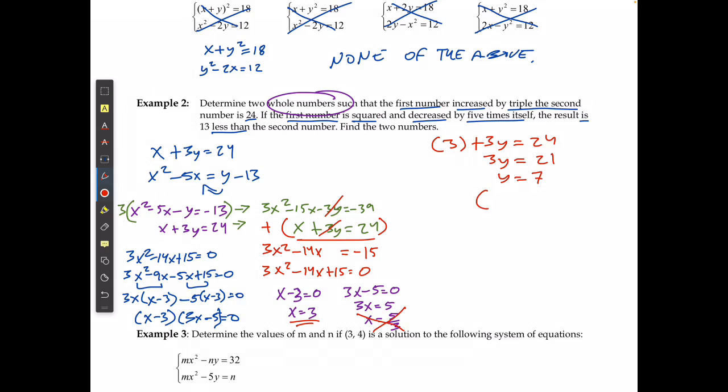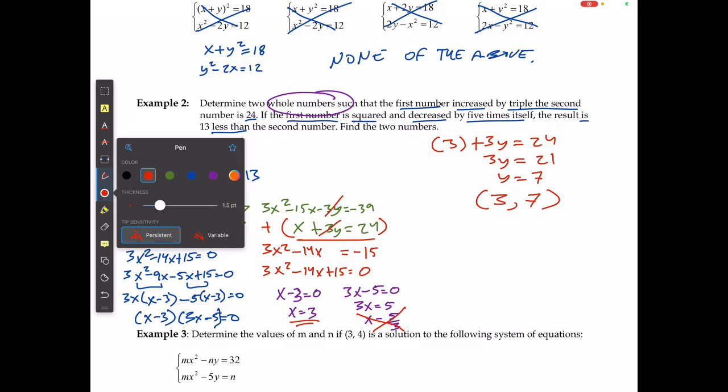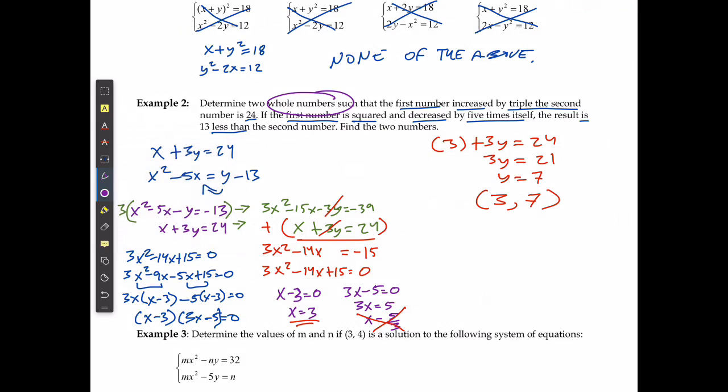So I have the coordinates where they cross at 3 and 7, and when I state the solution, the two numbers are 3 and 7.